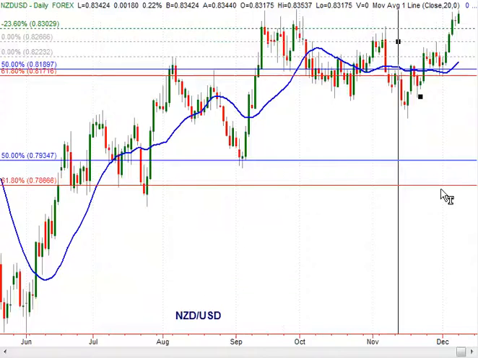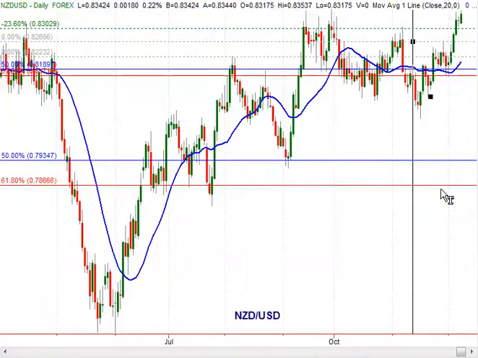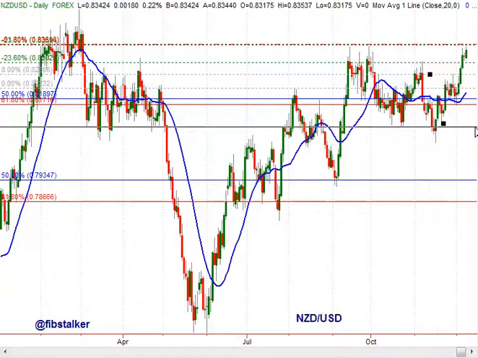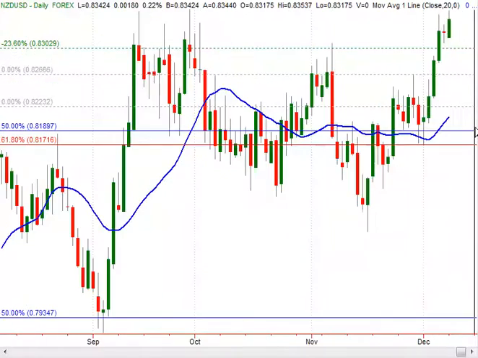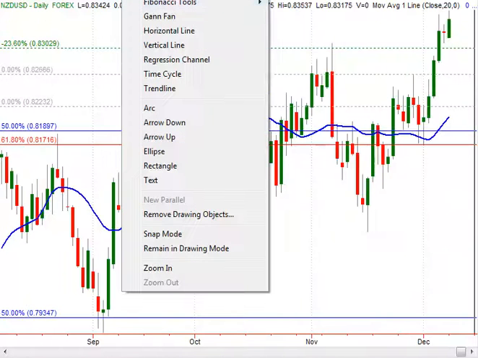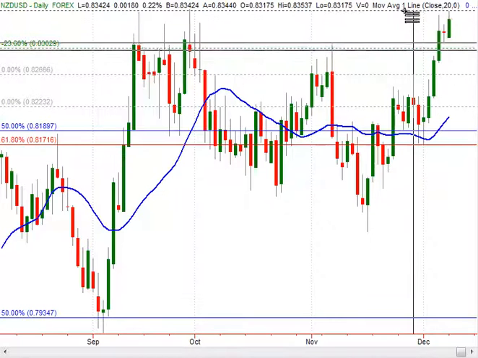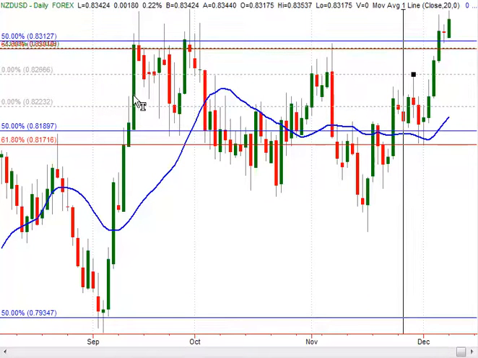Target is holding, so we had first target hit in 83 basically, and then price is very close to a second target here in 83.69. So if this draw is valid, as it gets to 83.60, 83.70, we can trace the next measured move here, and the next support level would be 83.10.